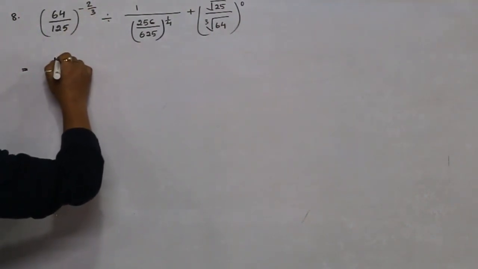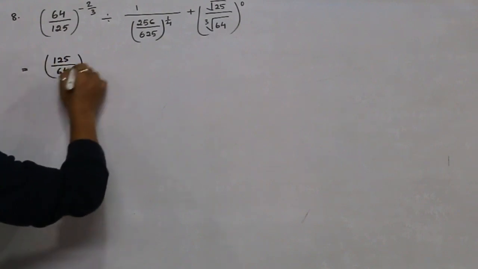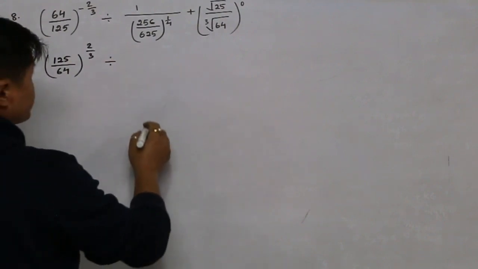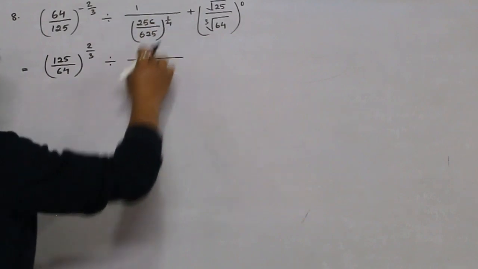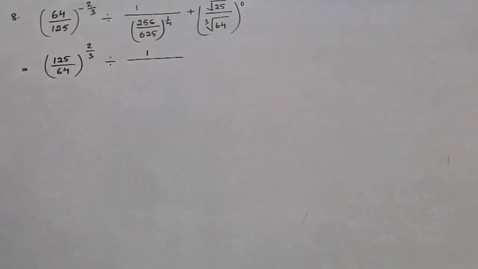So we'll make this 125 divided by 64. We reciprocal the base, the power will become positive, divided by 1 upon. If the power has a denominator, the base will have the power equal to the denominator of the power.